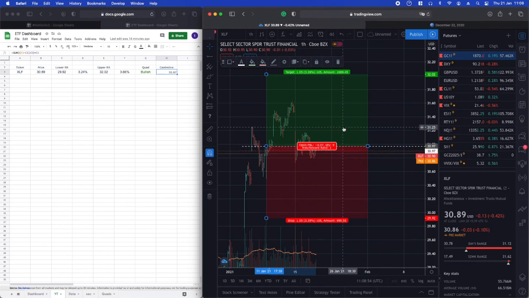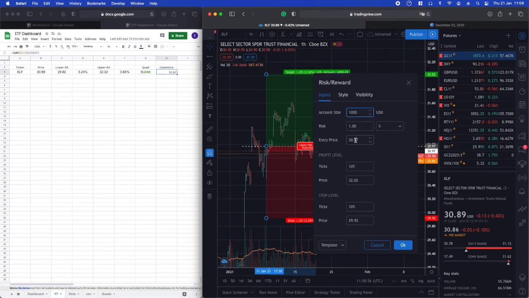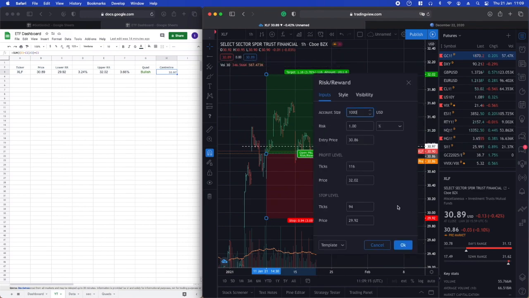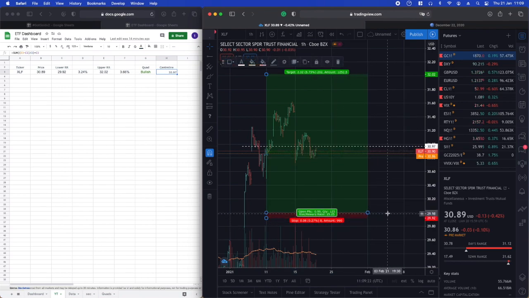If we change it back to our pre-market price, you can see the ratio has changed. Now when we talk about making decisions at the top and the bottom of risk ranges, if I change this down near the bottom, let's make it $30, very close to the bottom end of the range, you can see our risk reward is 25 to 1 upside.